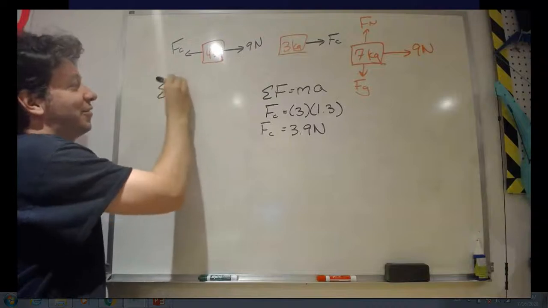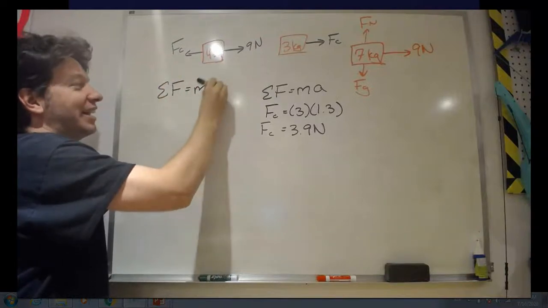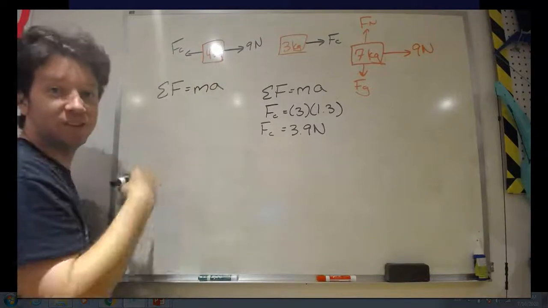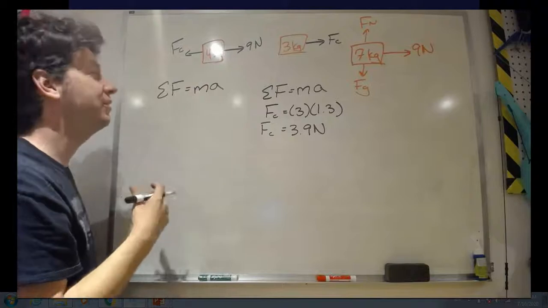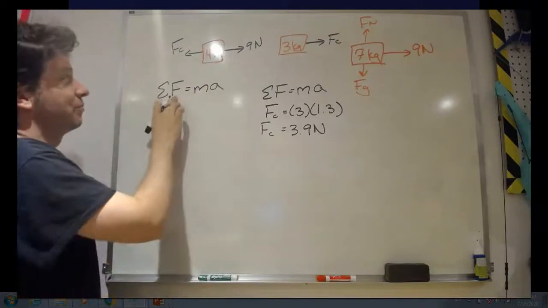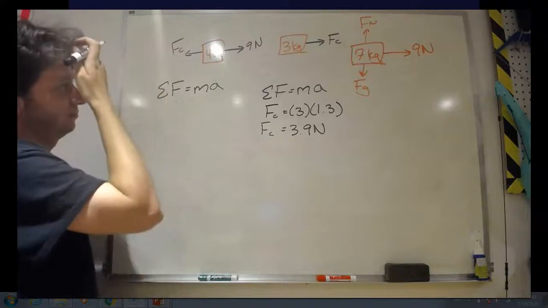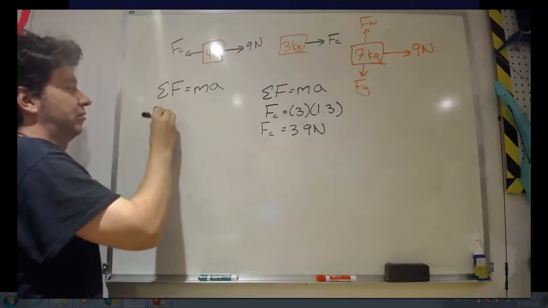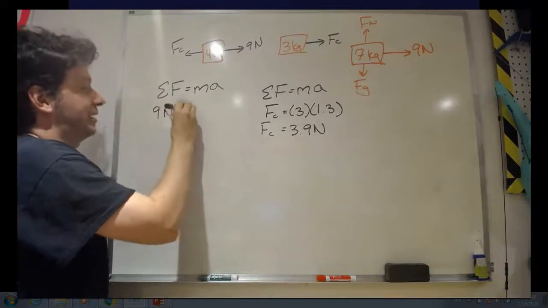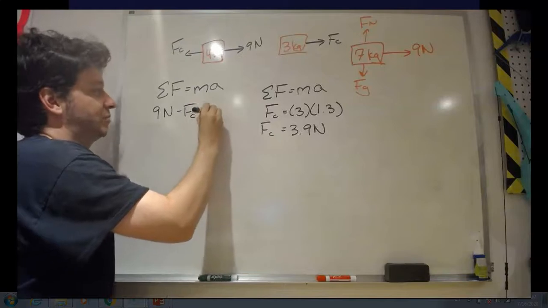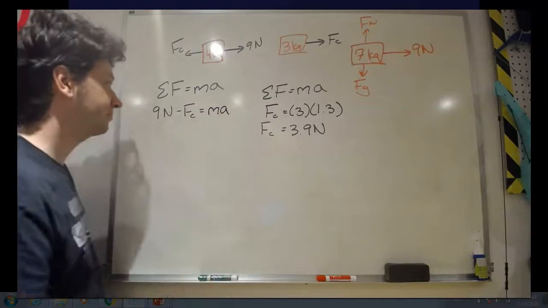So the sum of all forces equals ma. Again, that m will be our 4 kilogram because that's what we're applying this equation to. But we have 9 newtons minus Fc, which equals mass times acceleration.